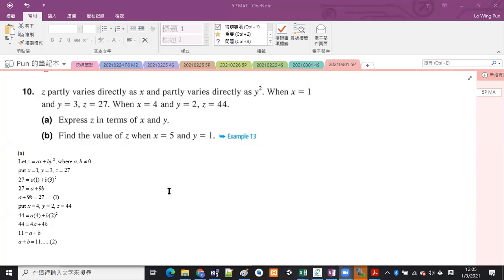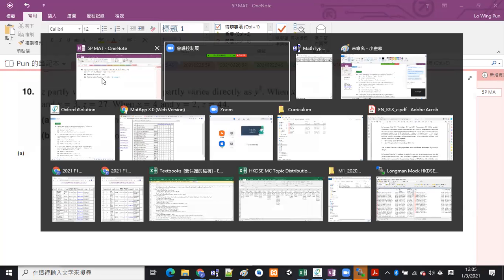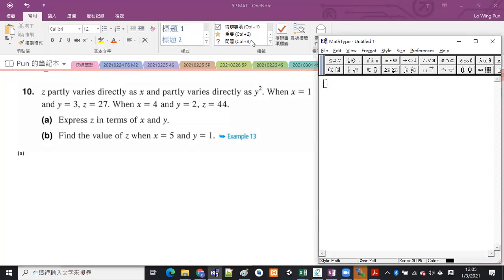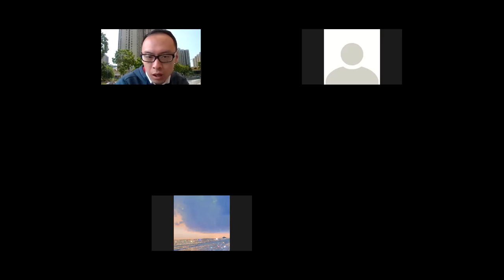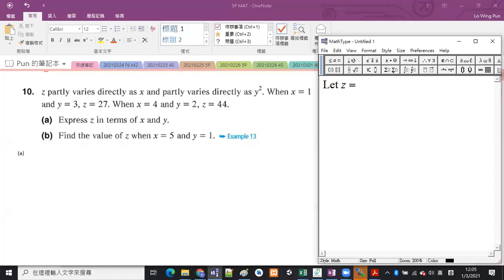Do I need to start it again? Okay, so let me start again. So z partly varies directly as x, partly varies directly as y squared. So we'll let z be a times x plus b times y squared, where a and b are not equal to 0.